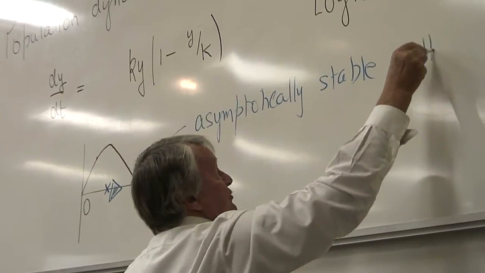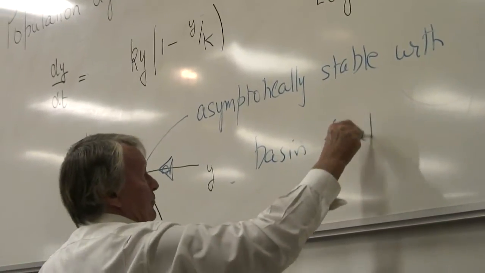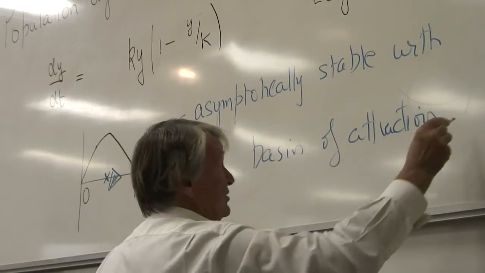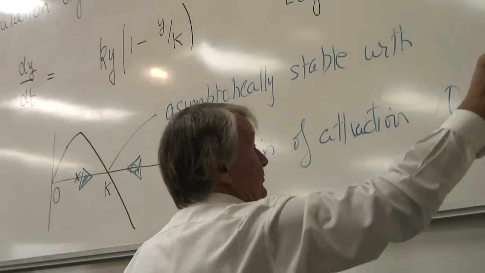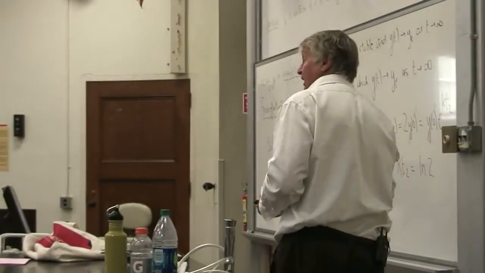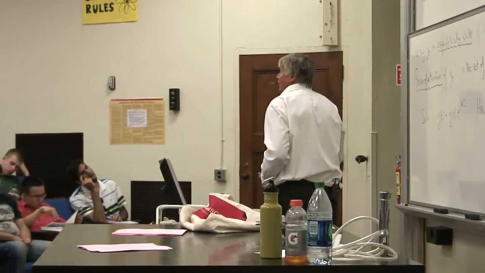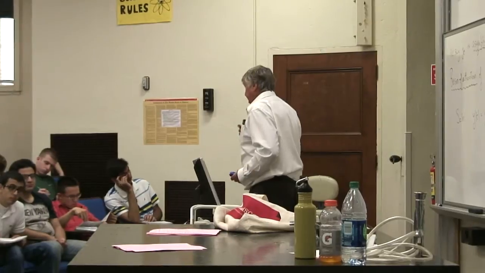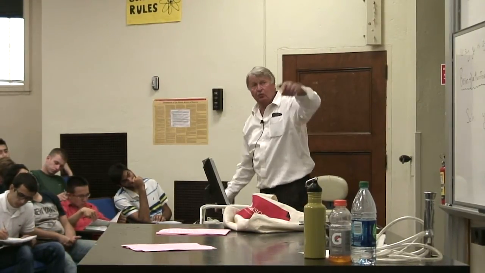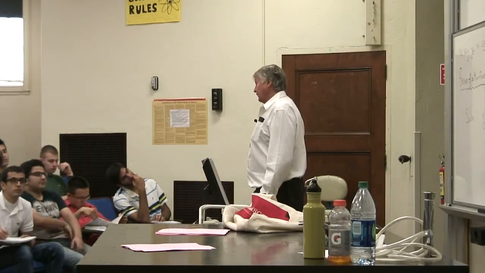With basin of attraction, we're only dealing with positive y's because we're talking population, 0 to infinity. In other words, every starting point will end up at K. If you start with too much population for the resources present, then 1 minus y over K will be negative, and dy by dt will decrease.